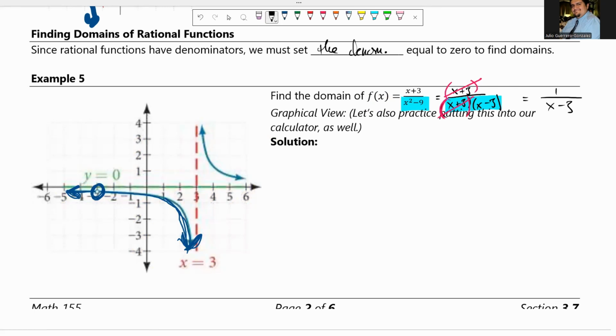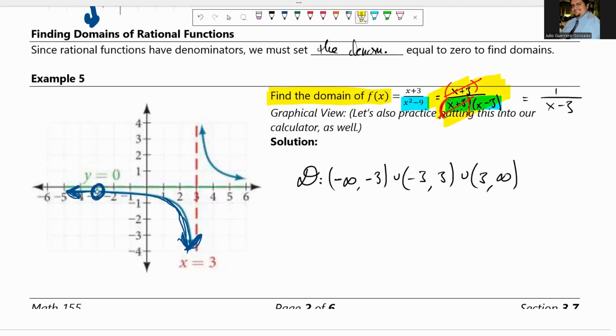So, to answer this question, find the domain. We're getting closer. The domain for this function is negative infinity to negative 3, union negative 3 to 3, union 3 to infinity.